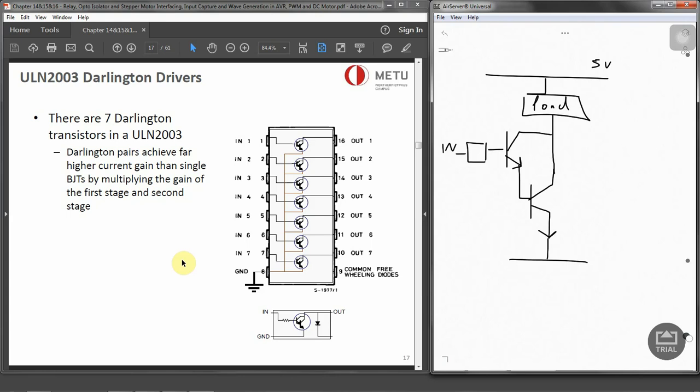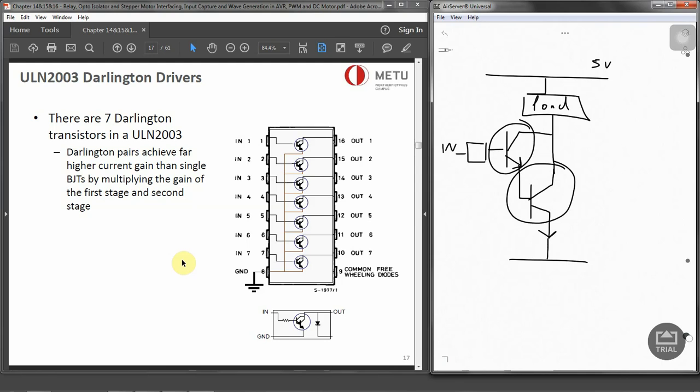So Darlington drivers or Darlington pairs actually achieve very high current amplification by connecting two bipolar transistors in direct DC coupling. So the current amplified by the first transistor is amplified further by the second transistor, and it's just going to multiply the gain and increase the current drive for relays or maybe for the stepper motors.